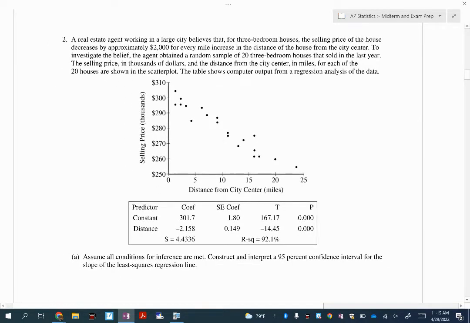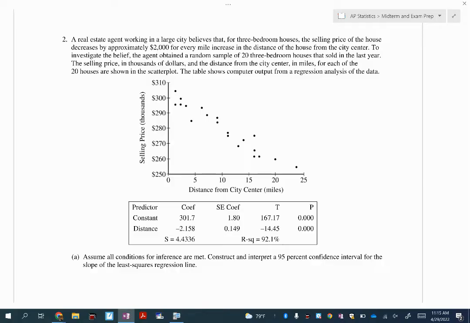Now, number two, we actually did this problem, I think, in the review, maybe even on the actual exam for our most recent unit. All right, this is saying that we're looking at the relationship between two quantitative variables: the distance a house is from city center, so from downtown, and the other variable is the selling price in thousands.